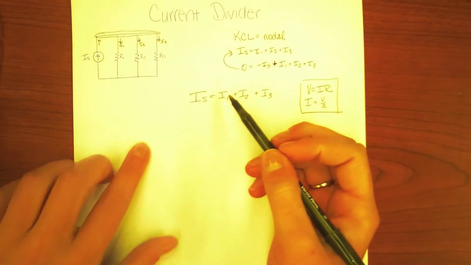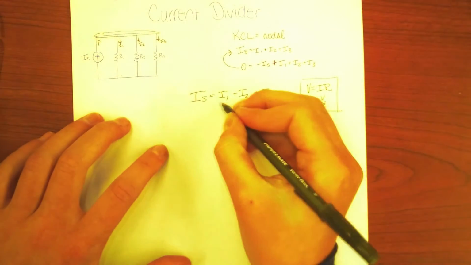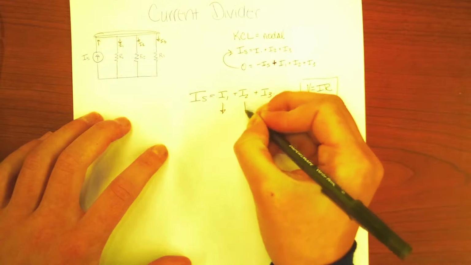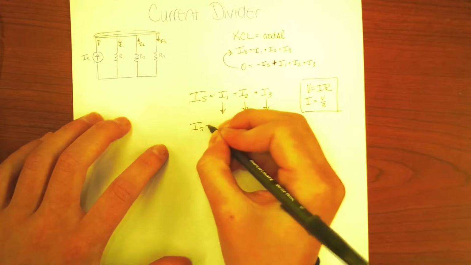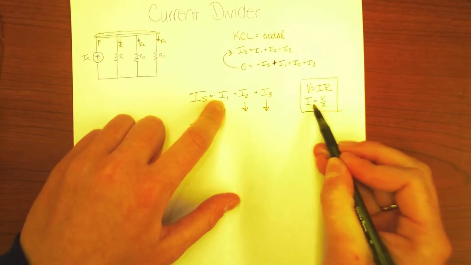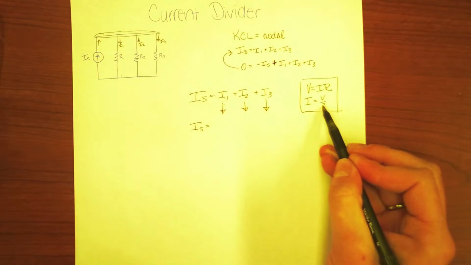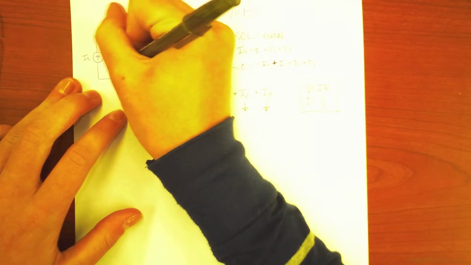So now we're going to reevaluate these I's and bring them down. IS equals, now I1 equals V over R, and that's going to equal V in this circuit.